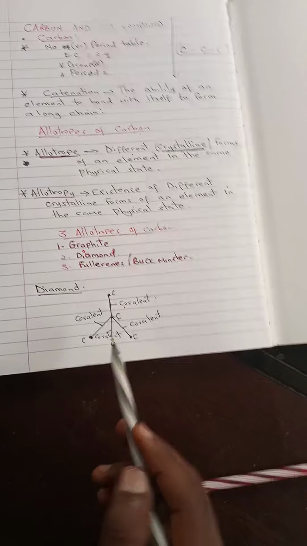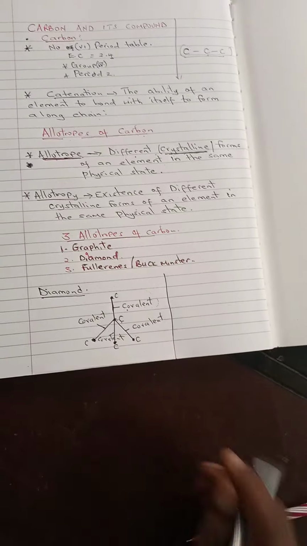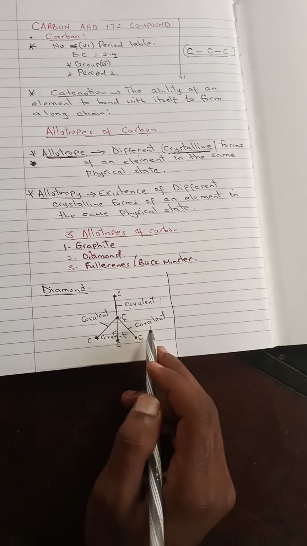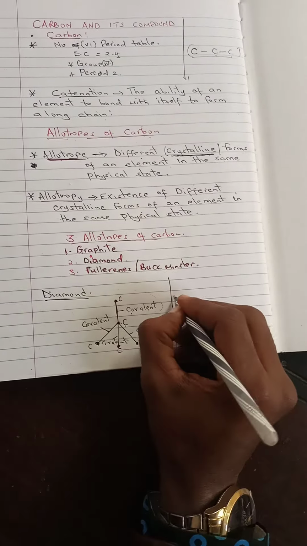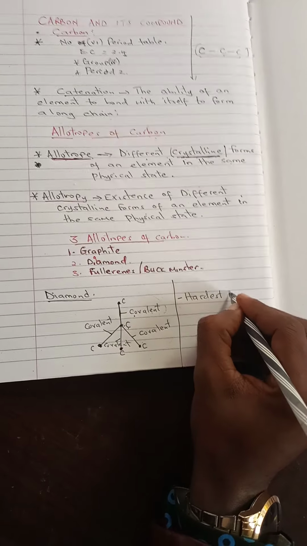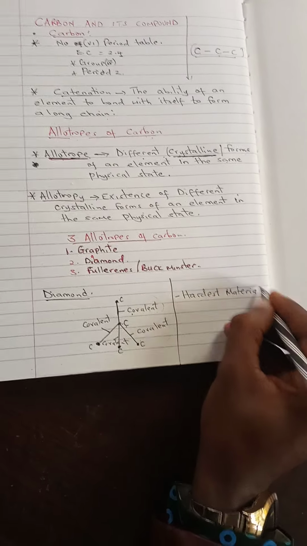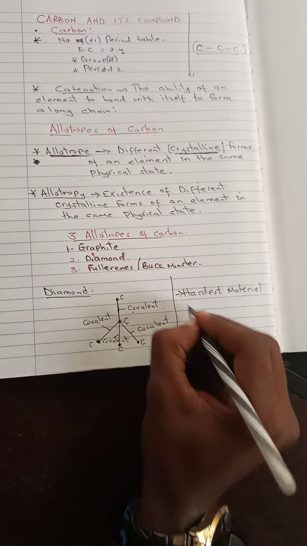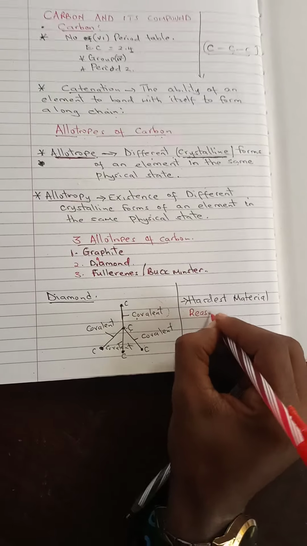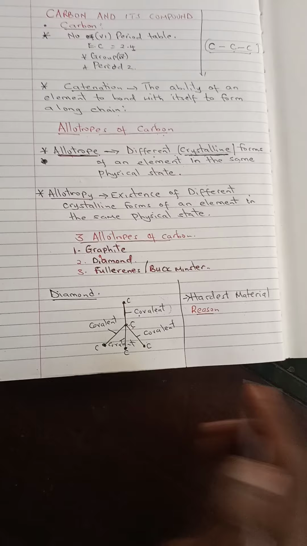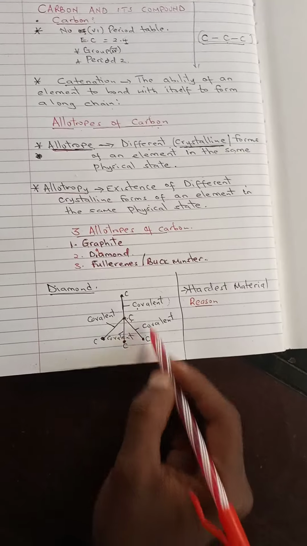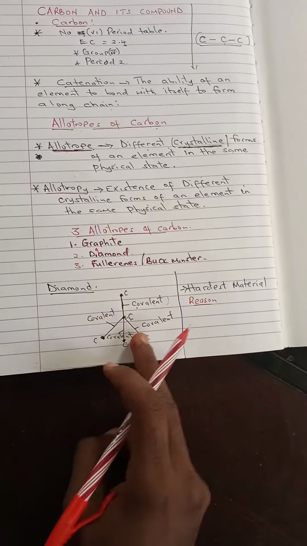So we can say from this that diamond, having strong covalent bonds, is one of the hardest materials, and there's a reason behind this. Why are we saying that this one is hard? From the structure here, this carbon and this carbon have a covalent bond, and this covalent bond is uniform.